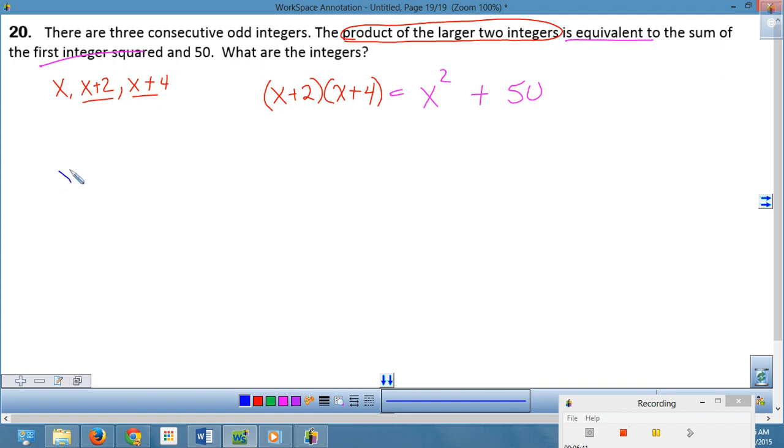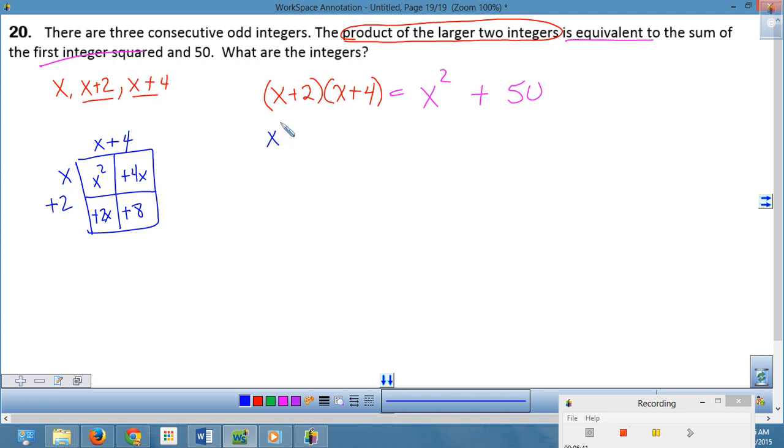Multiply this out. We'll do the box method. Okay, x times x is x squared. X times positive 4, positive 4x. X times positive 2, positive 2x. 2 times 4, positive 8.